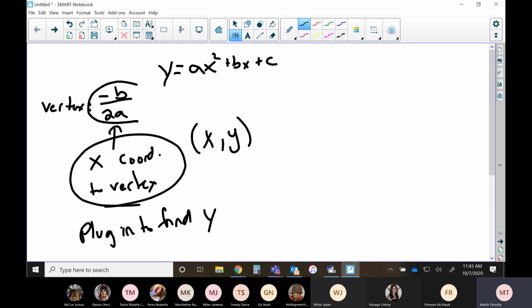You need to know this. Opposite of b over 2a. Right? Now, a is called the coefficient of the x squared, b is the coefficient of the x, and c is just the constant that's sitting back there by itself.